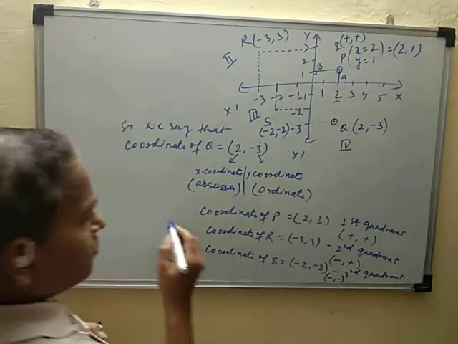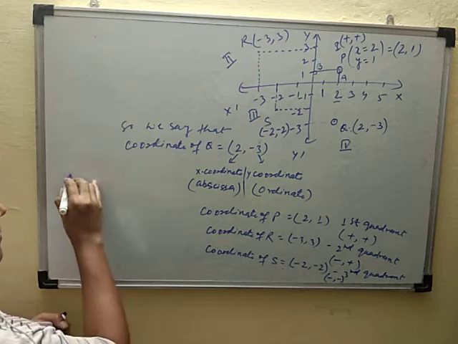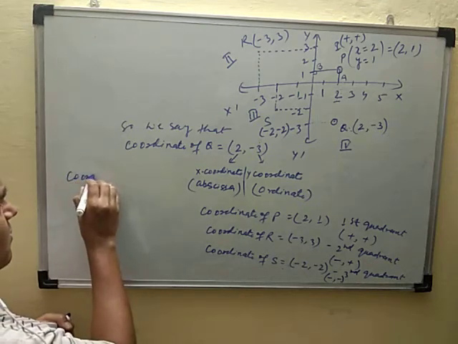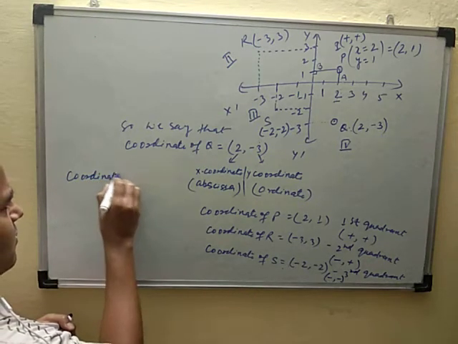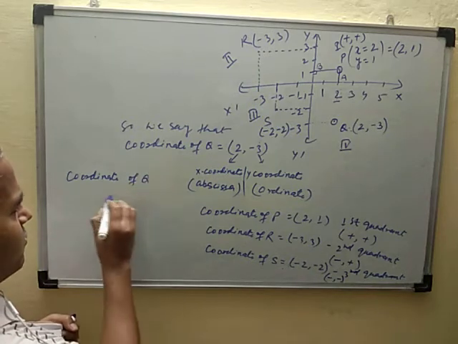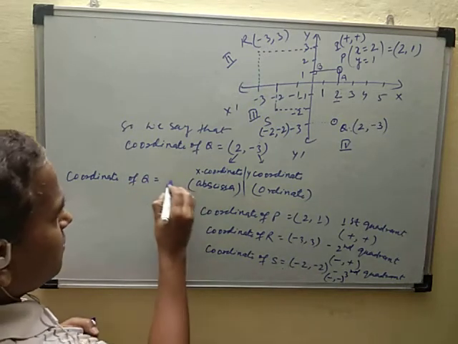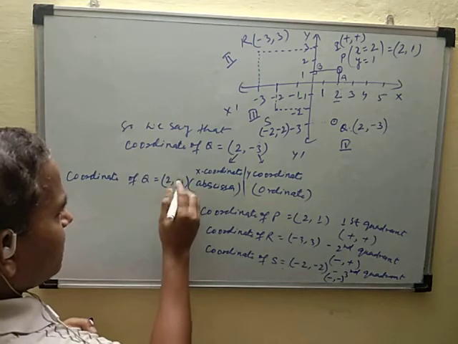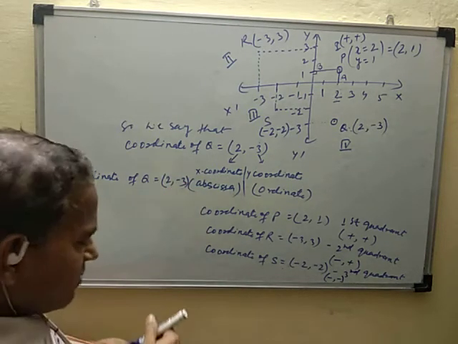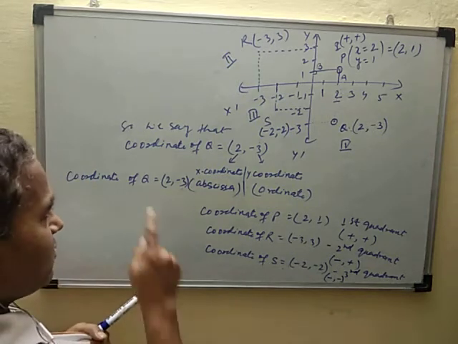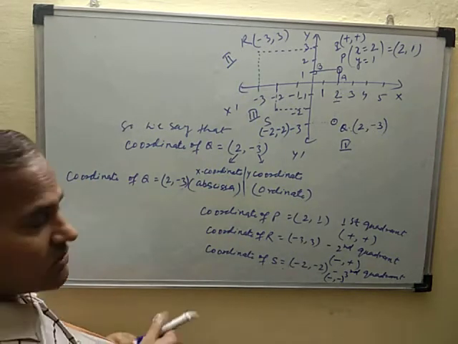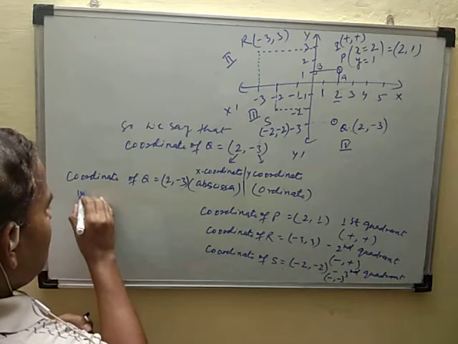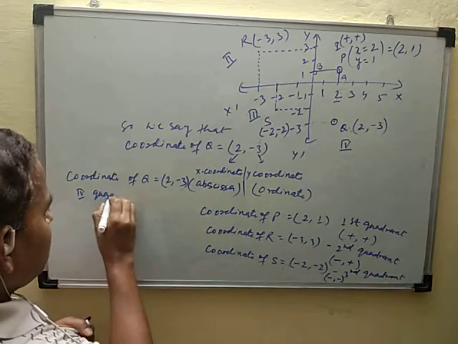And what is the coordinate of Q? (2, -3). This point lies in the fourth quadrant.